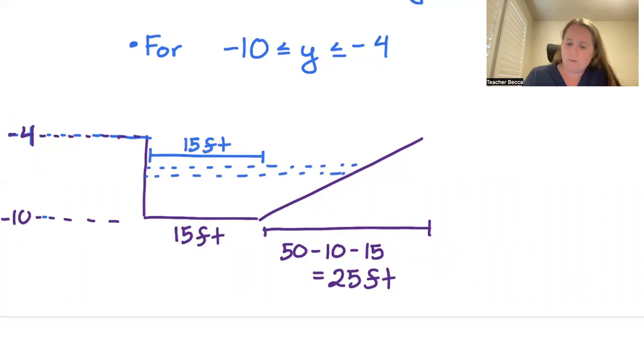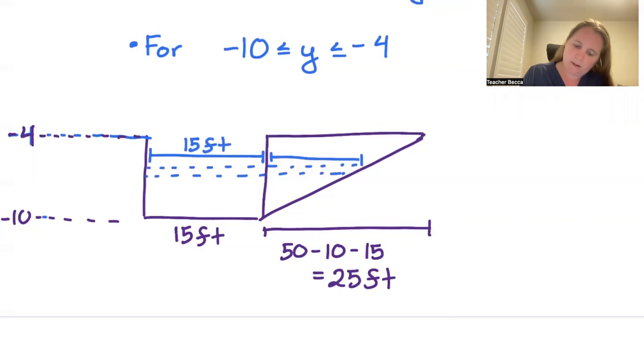And we need to know what the missing part is. Once again, we can pull similar triangles. So if I pull similar triangles, my large triangle is 25 feet and 6 feet tall.